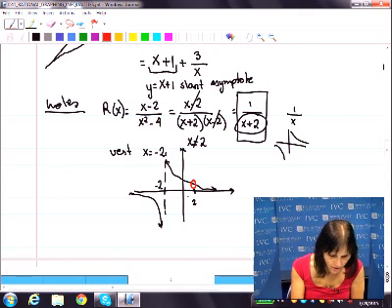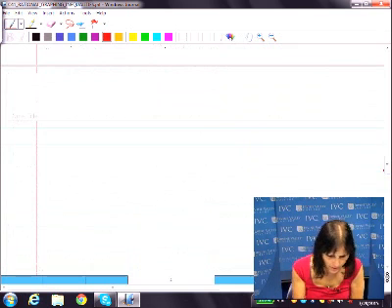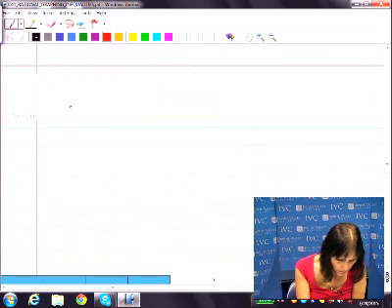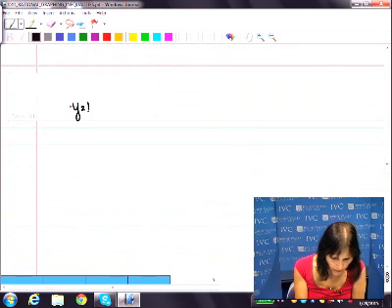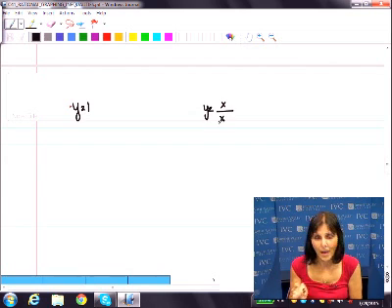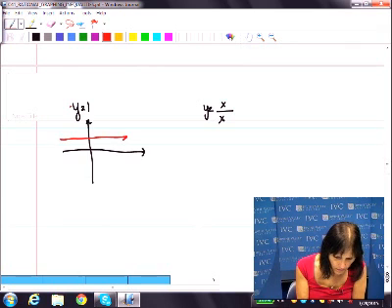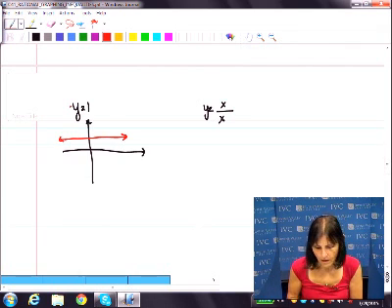Let's look at another example of a hole. Somebody says, draw y equals 1 versus y equals x over x. It looks silly, but it actually makes sense. Y equals 1 looks like this, right?